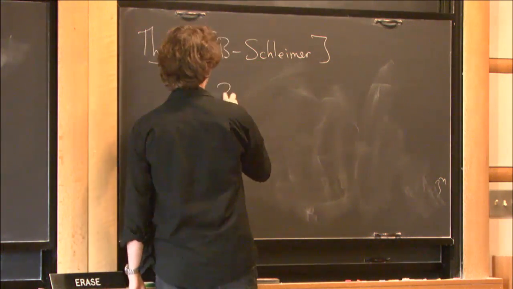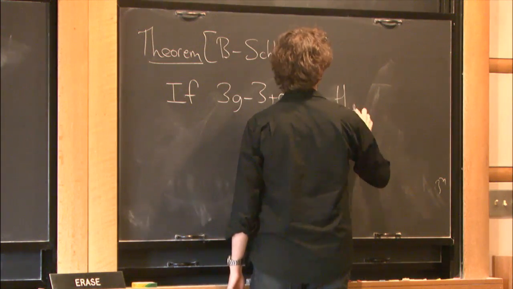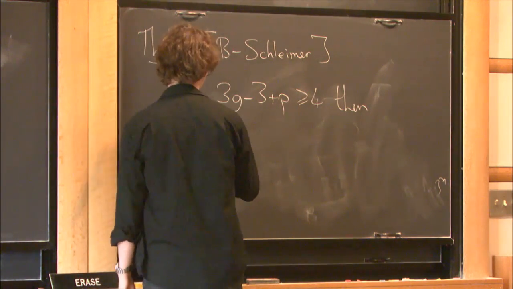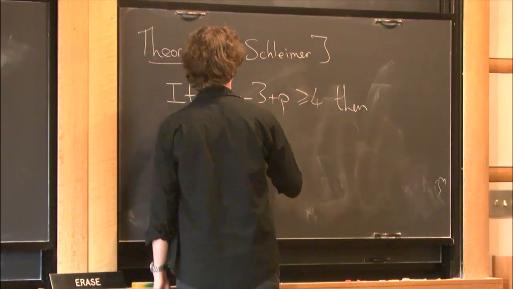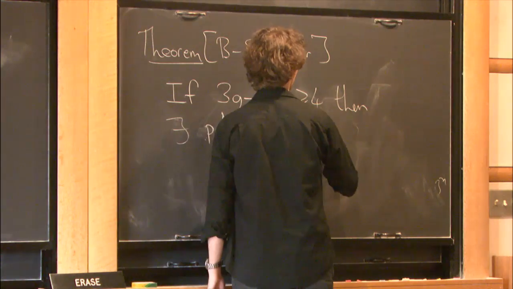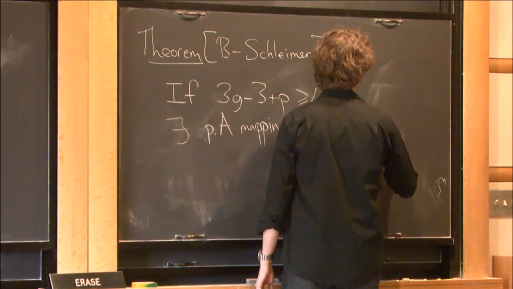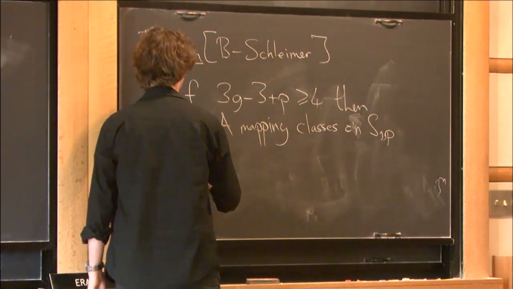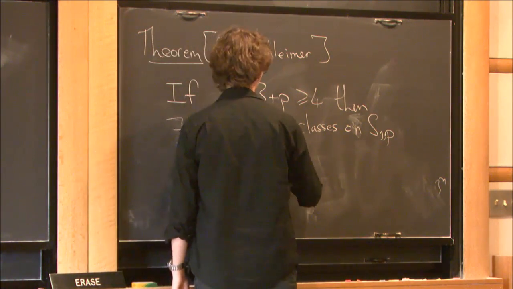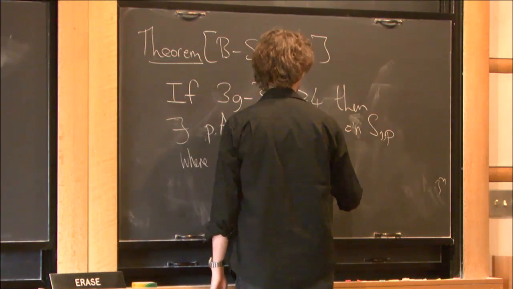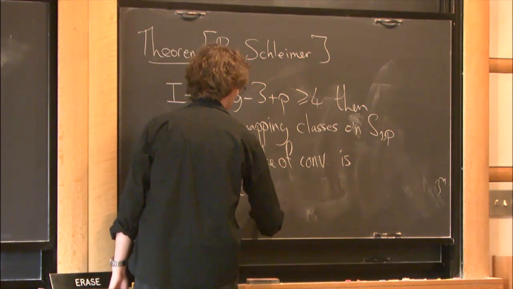So if 3g minus 3 plus p is at least 4, then there are mapping classes, let's say pseudo-Anosov mapping classes, in fact, on S_{g,p}, where this rate of convergence is, in fact, arbitrarily close to 1.